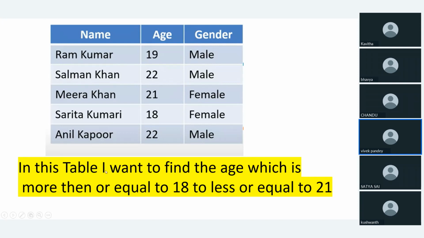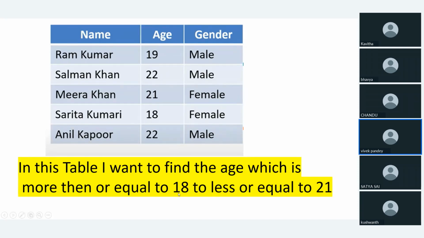In this table, I want to find the ages which are more than or equal to 18, and less than or equal to 21. So what are the names? Can you tell me the names, guys? Or you can just comment how many names will be coming in between.